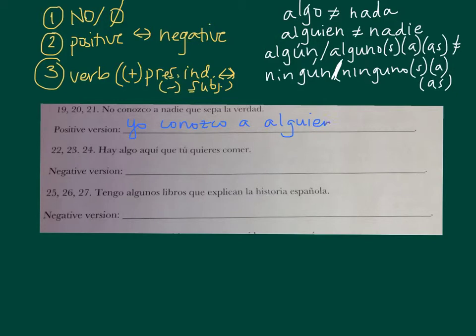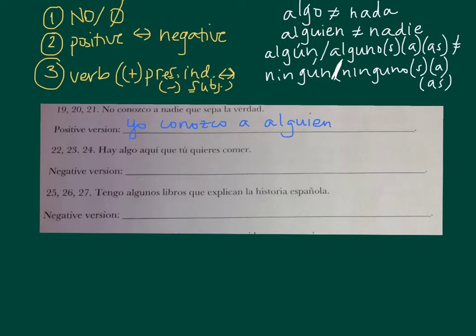If you put a muchas personas, because we did talk about that option in one of the homeworks, that's fine. If you put yo conozco a muchas personas, or something like yo conozco a una persona, that also works perfectly well. If you put a muchas personas, you will have to make your verb agree with that and make it the ellos form, but that's easy enough to do.